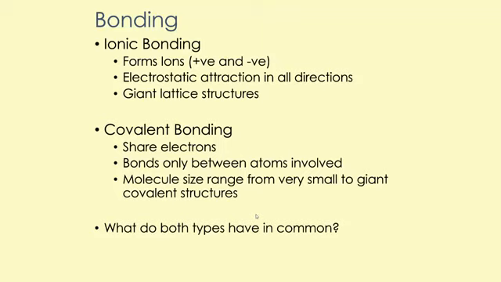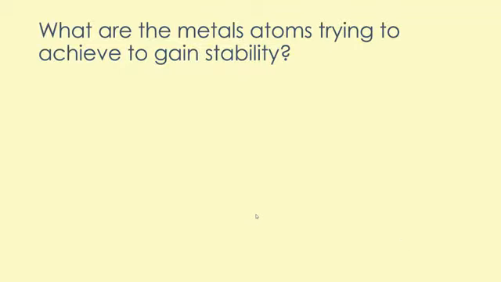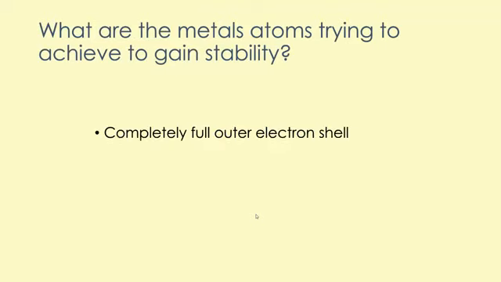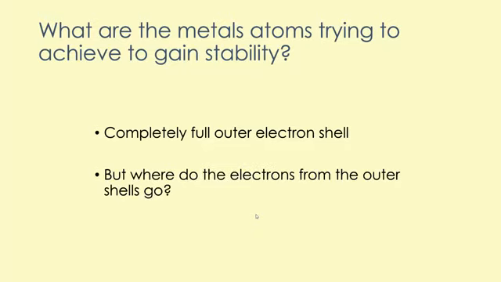What both types have in common is that when they're forming the ions or forming the covalent bonds, what they're trying to do is get a full shell of outer electrons. So for metals, that's by losing electrons, and for non-metals, that's gaining electrons. They want to have a full outer shell. So the metal atoms need to lose electrons to get a full outer shell.